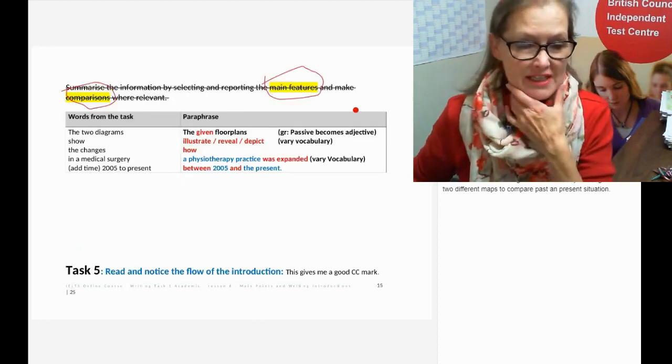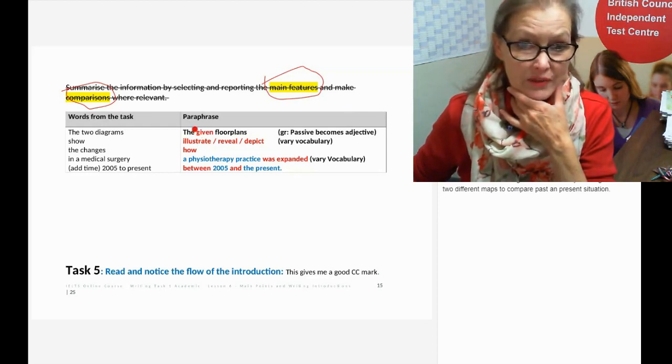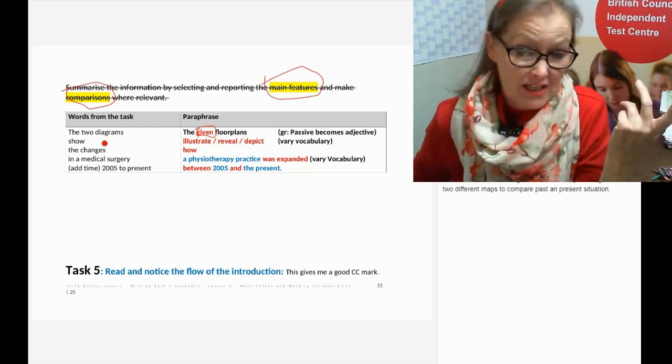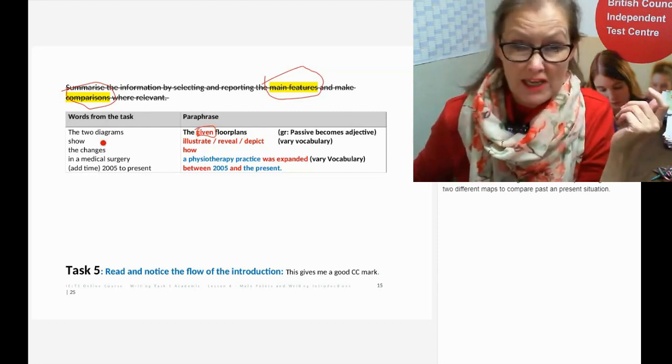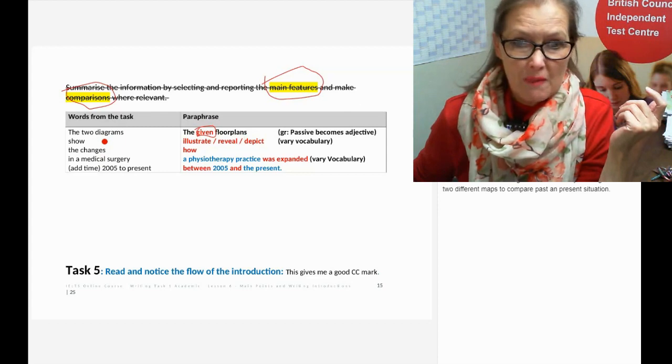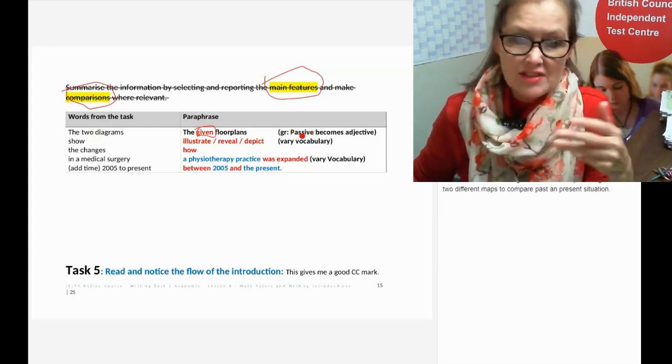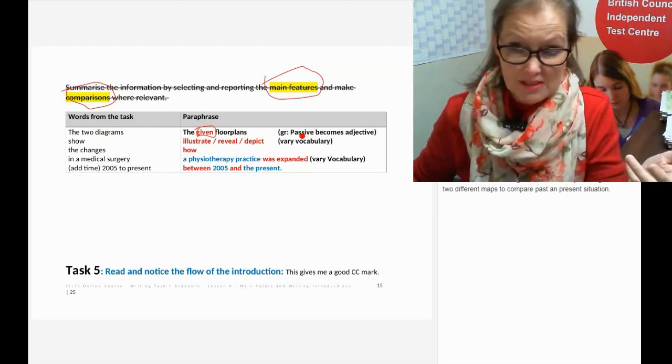And this is what I did. Note this word, the given floor plans. Okay, this one is just because the examiner has given that to me. So the given floor plans. So see the differences, the 2 diagrams, the given floor plans. That gets me using that passive. The task that was given is passive.